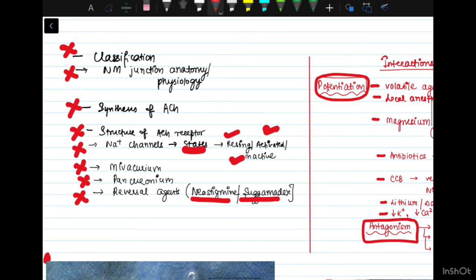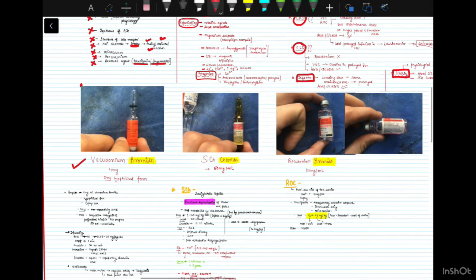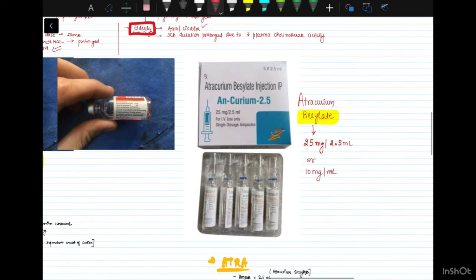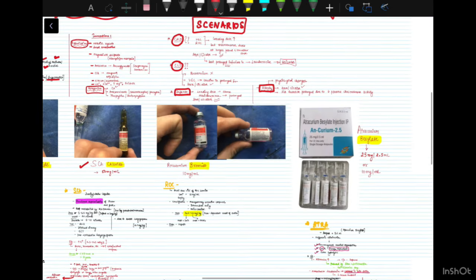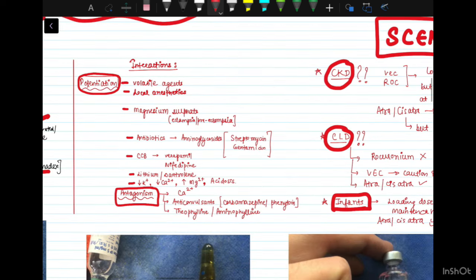We'll actually talk about the most important drugs, which are vecuronium, succinylcholine, rocuronium, and atracurium. After dealing with the practical aspects of these four drugs, we'll also do the interactions of these drugs, the things which potentiate the effect of neuromuscular blockade, and the things which antagonize or decrease the effect.